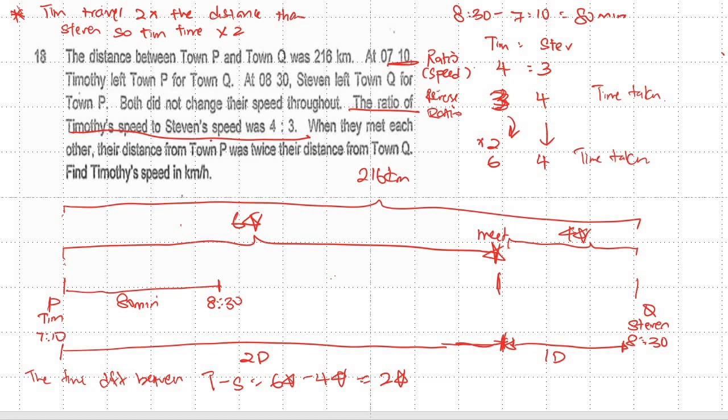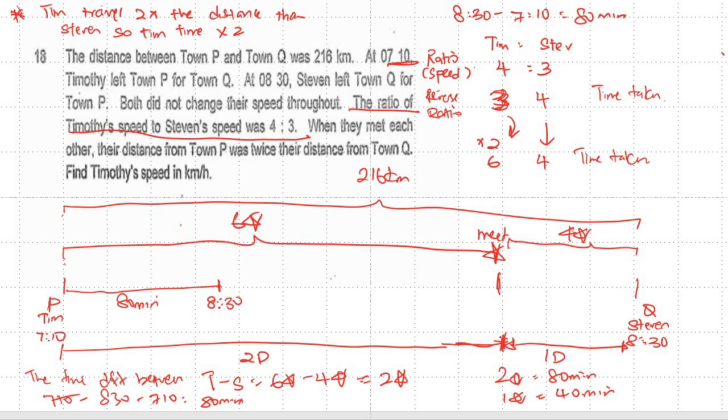And you know that the actual time difference between Timothy and Stephen, because one starts earlier, one starts later, is 8:30 minus 7:10. It's actually equal to 80 minutes. So if 2 stars equal 80 minutes, 1 star will be equal to 40 minutes.